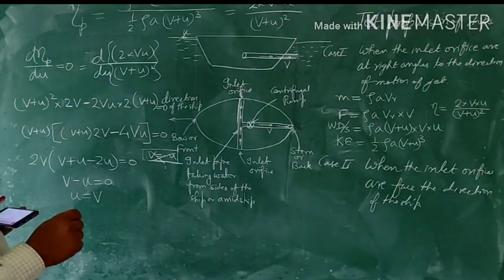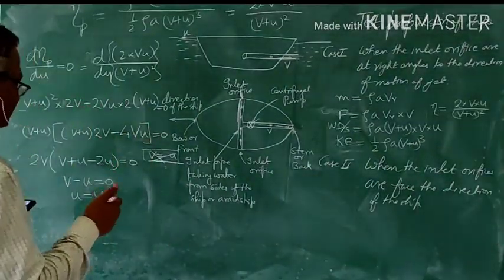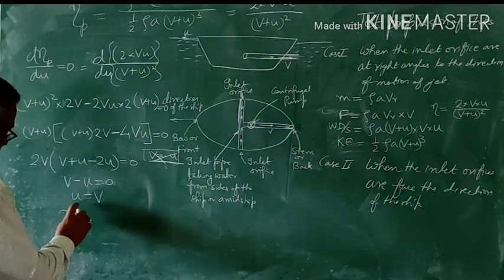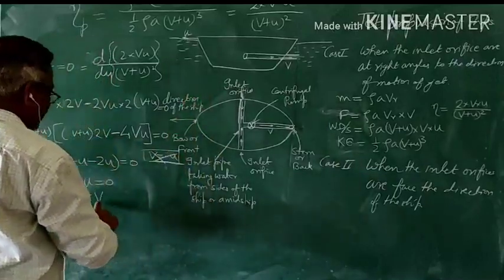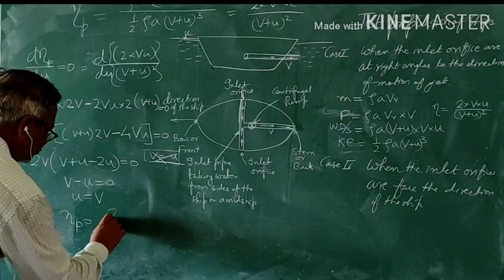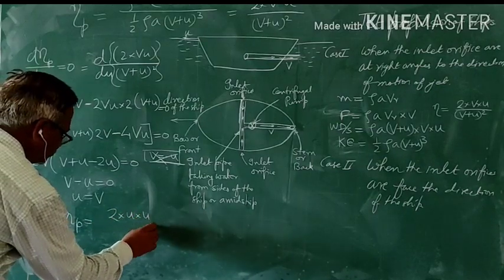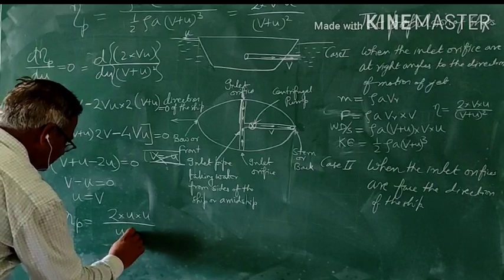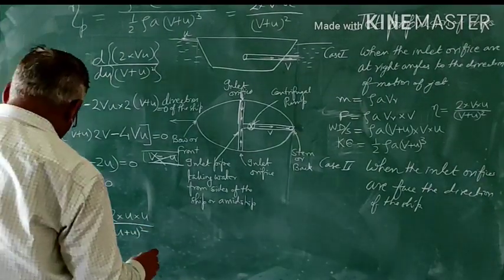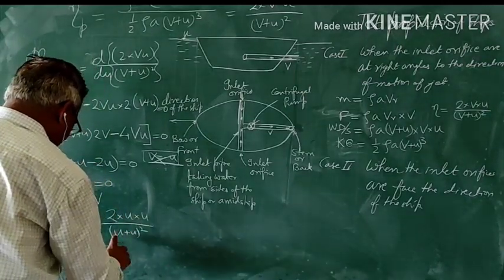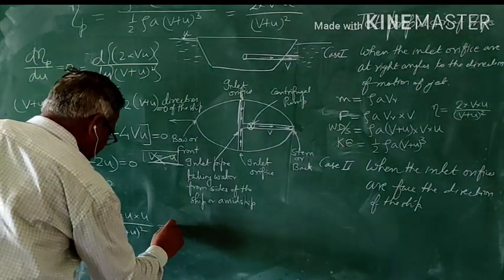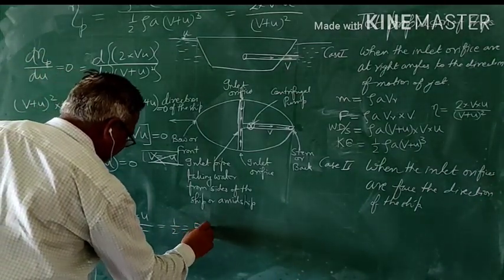To find that maximum value, we substitute into the equation: 2 into U upon U plus U whole square, so it will be 2U square upon 4U square, which equals 1 by 2 or 50%.